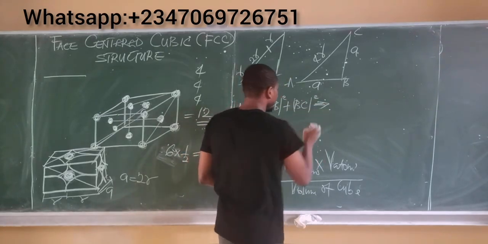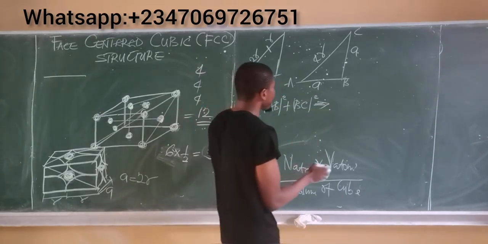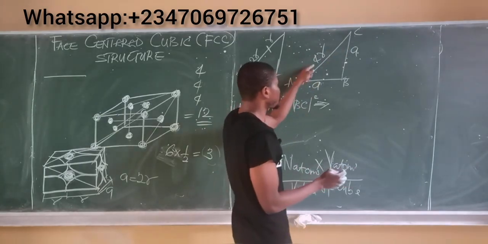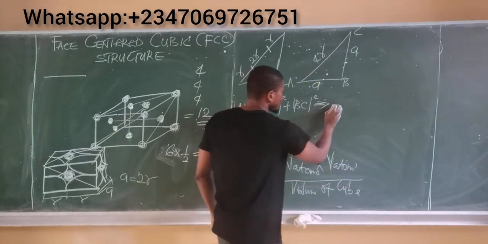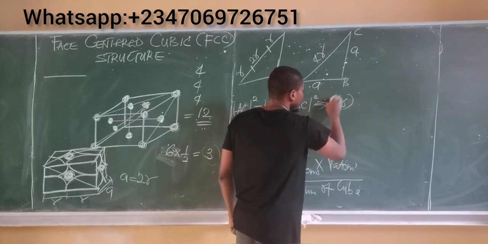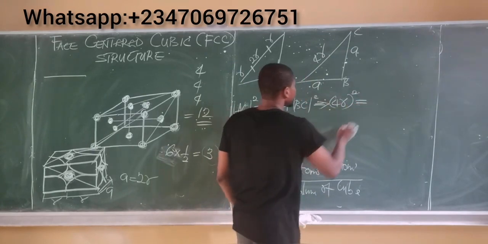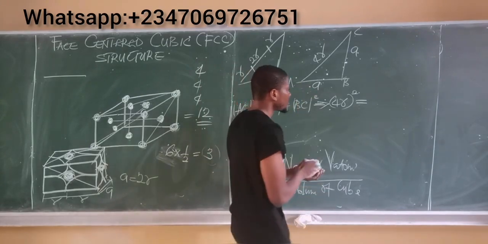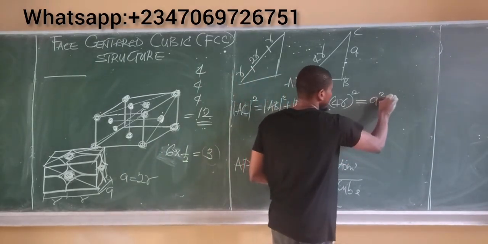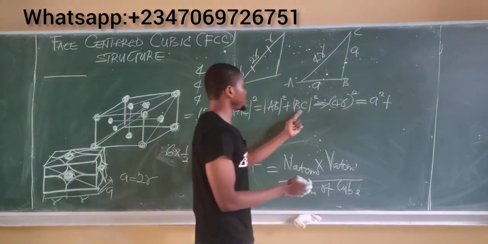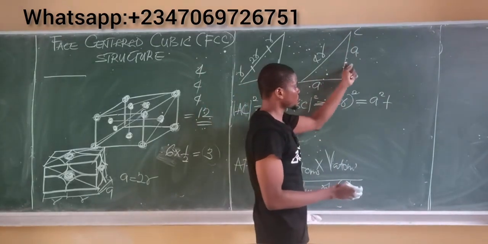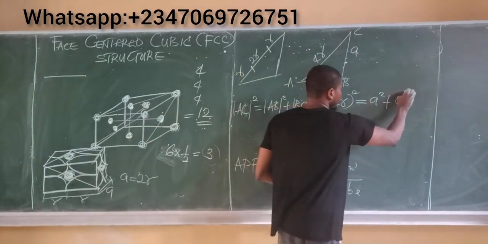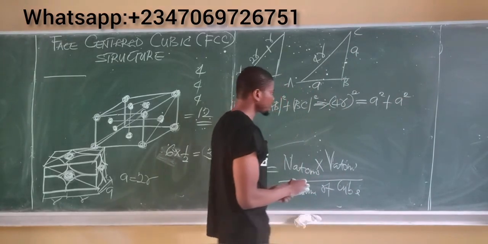This implies that AC squared, we already know that AC is simply 4r, so AC squared becomes (4r) all squared. And this is equal to AB squared, and AB is A, so this is A squared, plus BC squared, and BC is also A, so that becomes A squared.